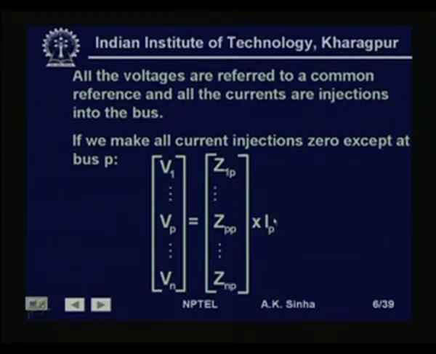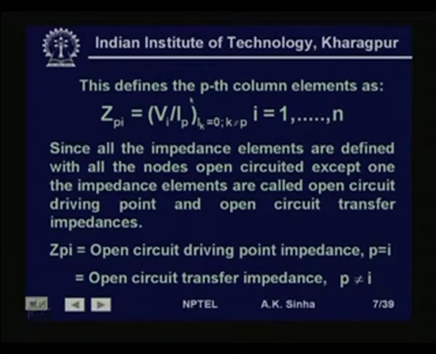If we do this, then we will get Zip as Vi by Ip, where Ik is equal to 0 with k not equal to p. That is, we will get all the elements of the pth column, i equal to 1 to n, that is Zip, by keeping all the currents 0 except the pth current injection.